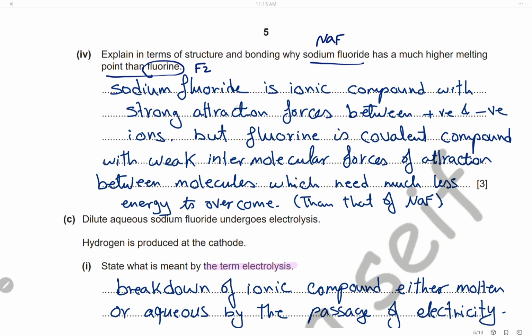Sodium fluoride is an ionic compound where we have strong electrostatic attraction forces between the oppositely charged ions, or we can say between the positive and negative ions, which of course need a high amount of energy to be overcome or to break. But fluorine is a covalent compound. Covalent compounds have weak intermolecular forces of attraction, which of course need much less energy to overcome than that of sodium fluoride. That's why sodium fluoride has a much higher melting point than fluorine.